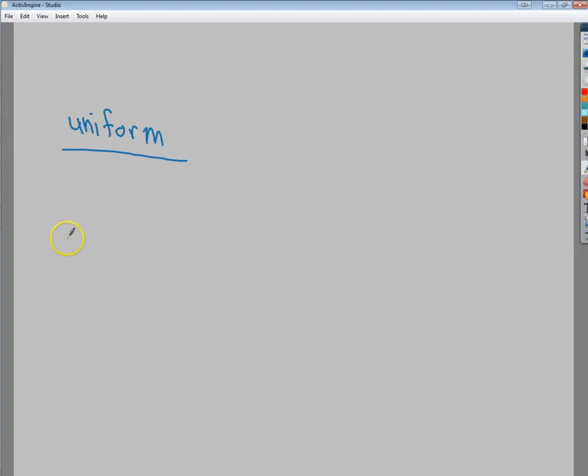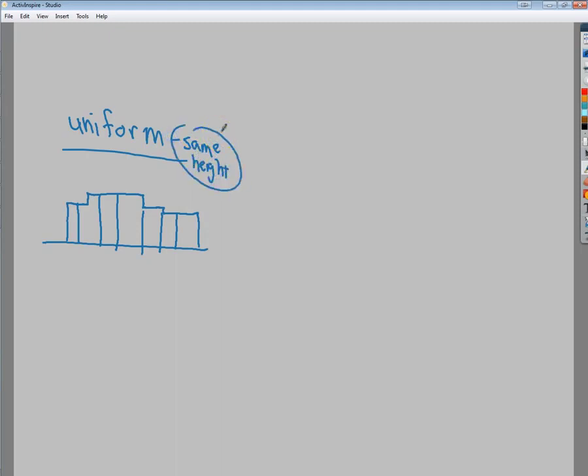So the first one, a uniform, is when they basically are all the same height. They can be a little bit off, but for the most part, pretty much the same height all the way through the sections. That's my histogram and it's uniform. And we're talking about the height, specifically the frequencies, but whatever. The next type would be skewed.